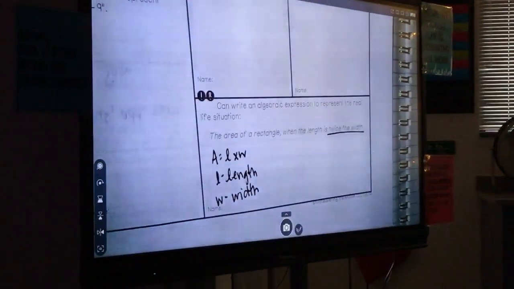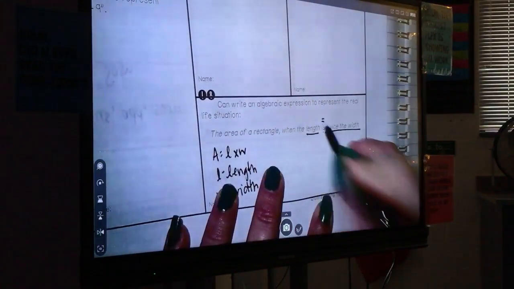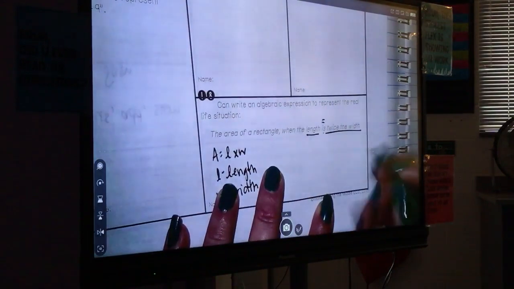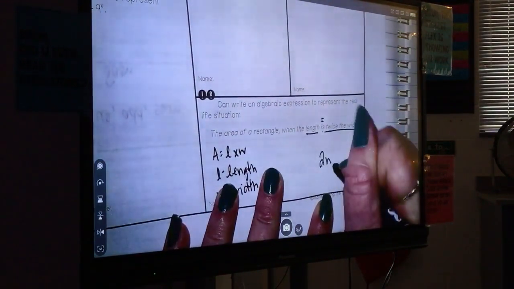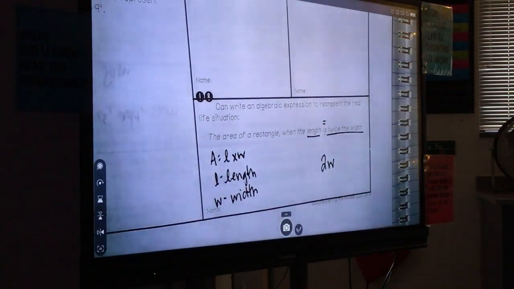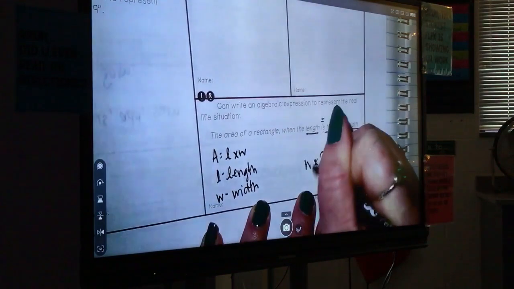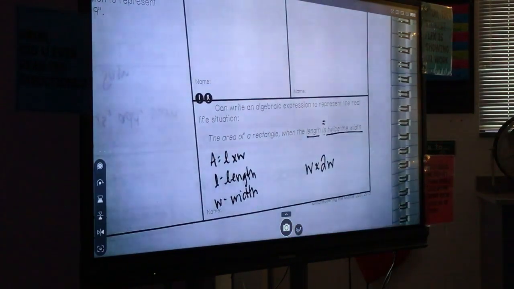So if the length, it tells you length is, which means equals 2 times the width. So you're going to do 2W, and that is technically your length. All right, and then multiplied by your width. So the width times 2 times the width. Does that make sense? Yes, no? Kind of, sort of?